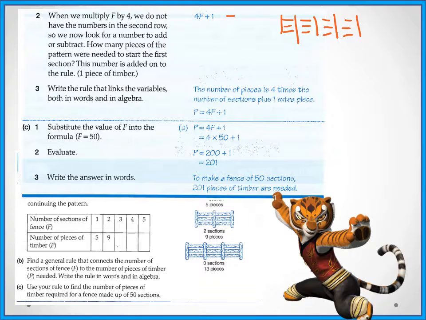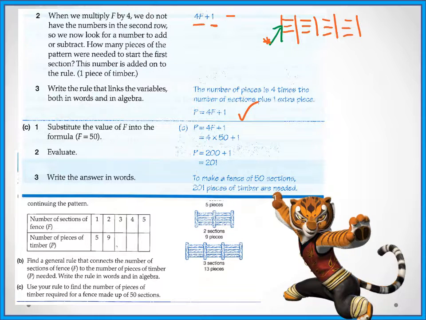There still was this original extra piece. When you look at the table on the previous slide, that's what you start to discover. 4f, 4 times the number of fence panels, plus that original one. So our formula is 4f plus 1.